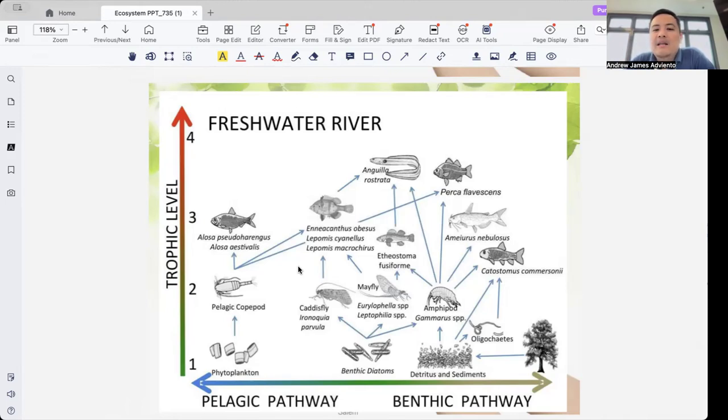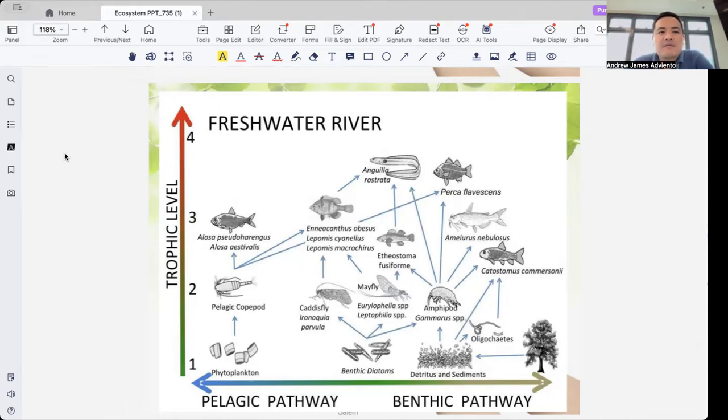On the other hand, in the benthic pathway, energy starts from algae, detritivores, and decomposers at the bottom, then goes to invertebrates, crustaceans, and the bottom-feeding fish.